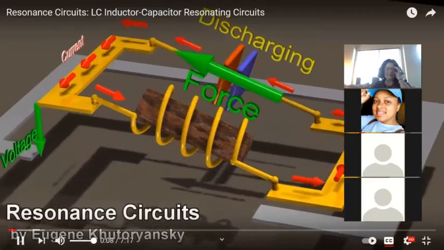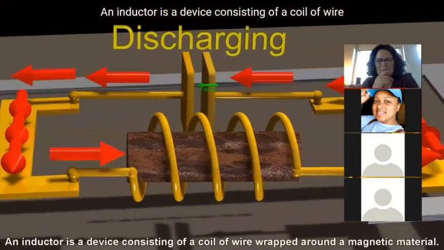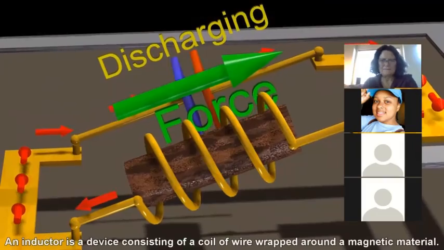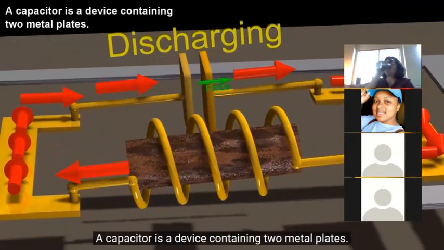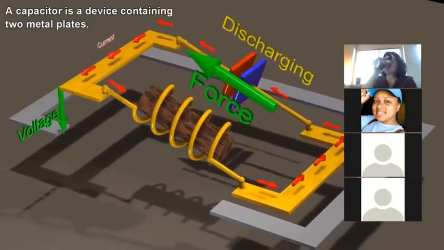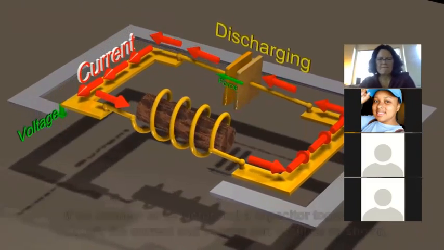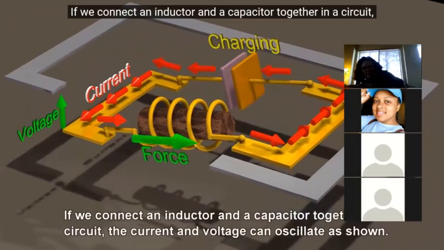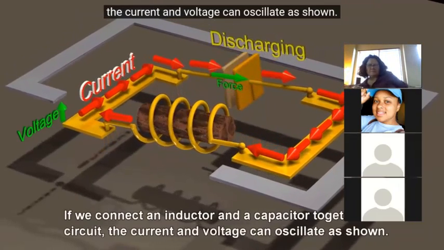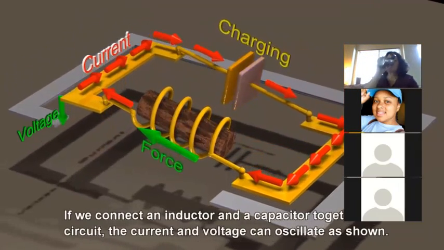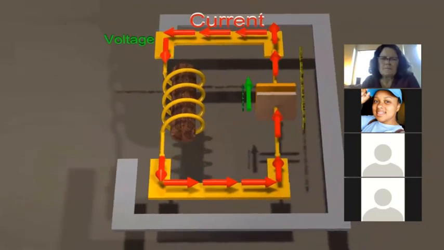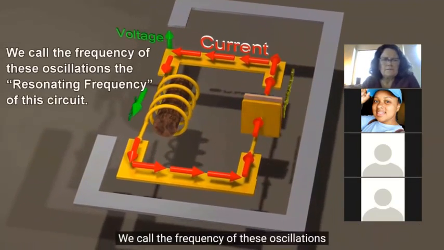Yep. Okay. An inductor is a device. This is an oscillator. A capacitor is a device containing terminal plates. If we connect an inductor and a capacitor, oh, it's even closed captioned. The current and we call the frequency.